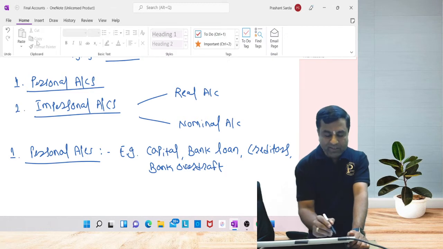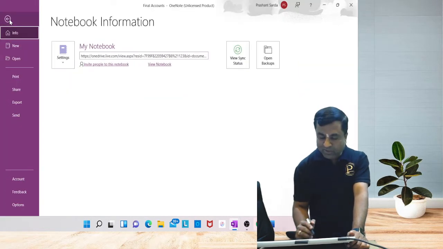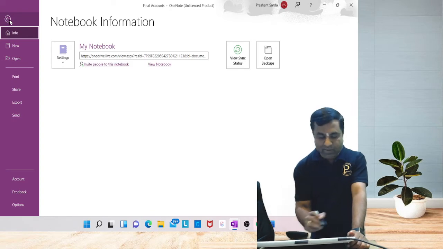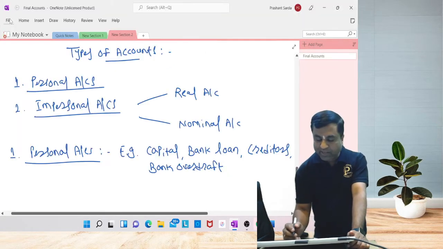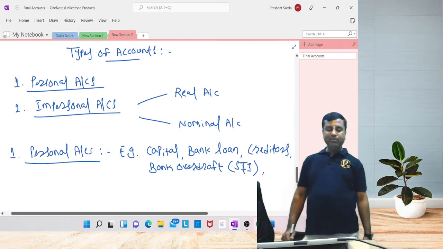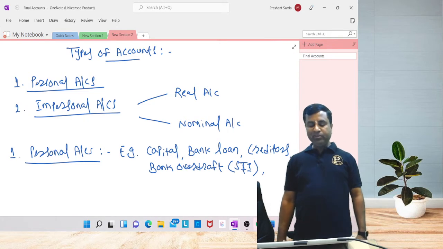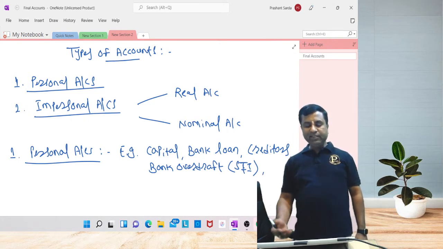So withdrawing excess amount from what you are having into the business, that is nothing but you can call it as a bank overdraft there. इसी को short term loan बोलते हैं, and this short term loan itself is nothing but again indicating a liability for the business. हम इसको फिर से indicate करते हैं एक liability के तौर पे. So do remember, all personal accounts are usually liabilities. So these are the personal accounts there. Capital, bank loan, creditors, bank overdraft. So all these are personal accounts.